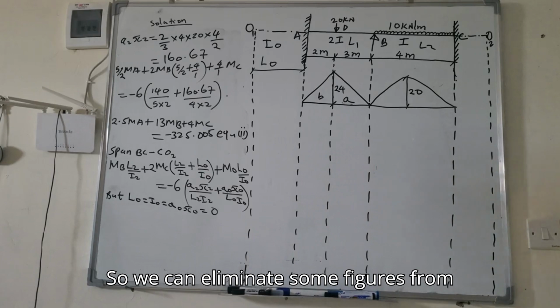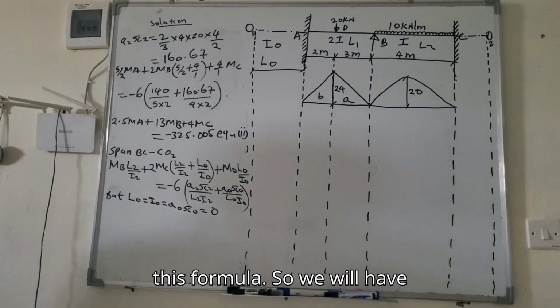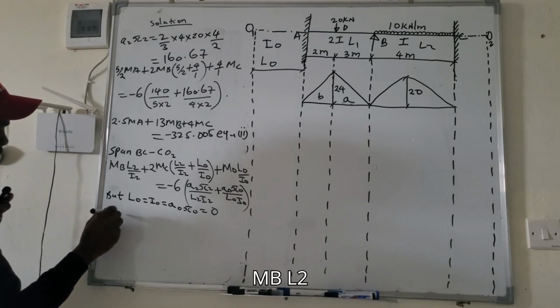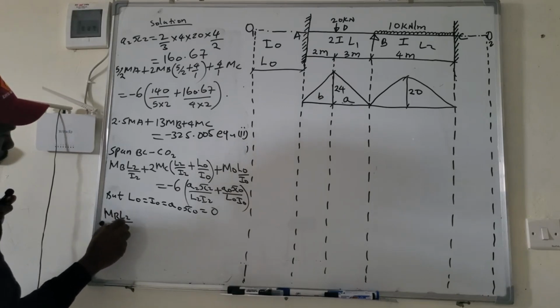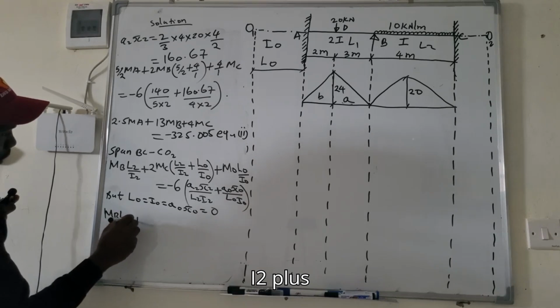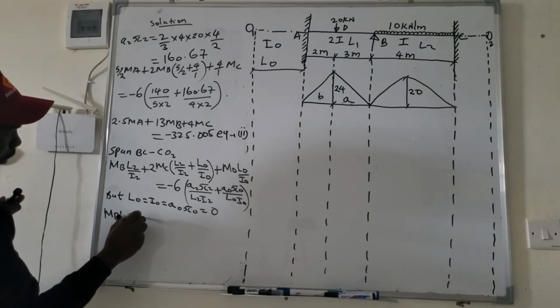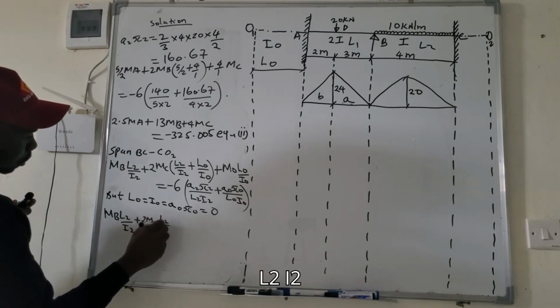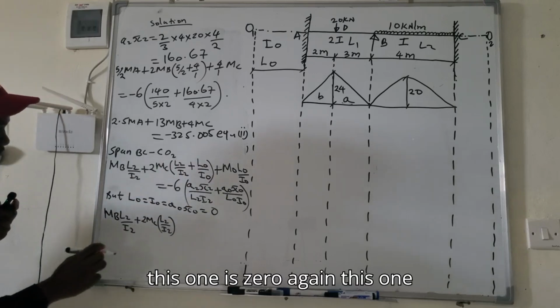So we can eliminate some figures from this formula. So we will have MB L2 I2 plus 2 MC L2 I2. This one is 0.